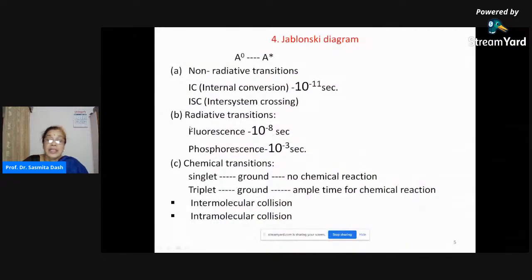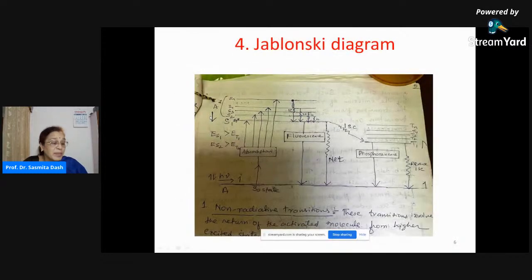The first one was the non-radiative transition; now it is happening with radiation. So these two transitions can bring the molecule back to the ground state, where it has low energy and hence is more stable.